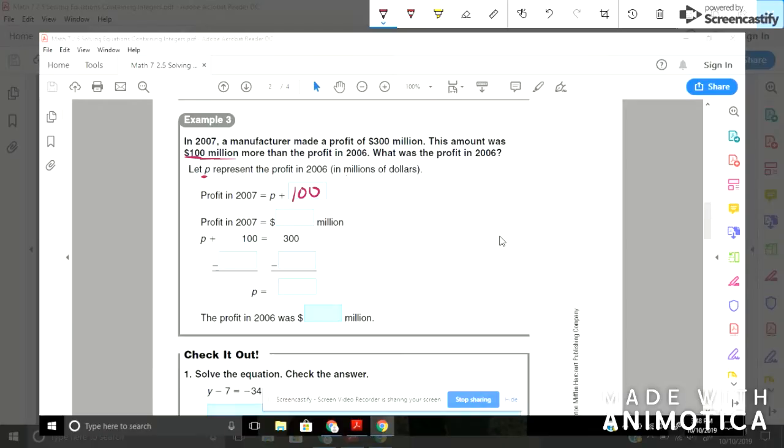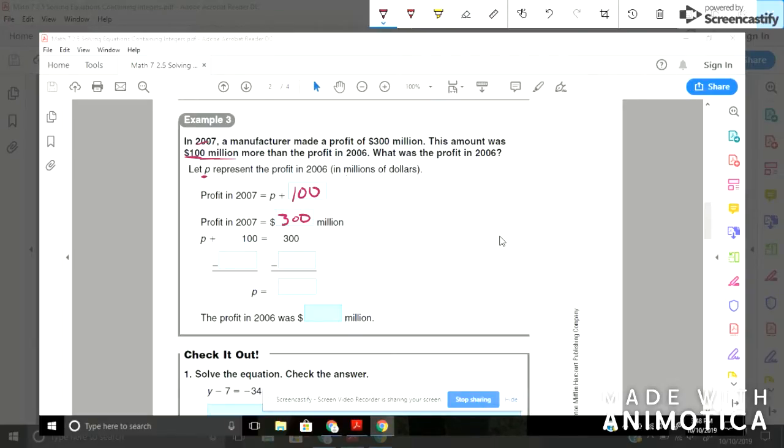And the 2007 profit was 300 million. So if we took our profit P plus 100 to give us a total of 300, we could figure out what the profit was in 2006.